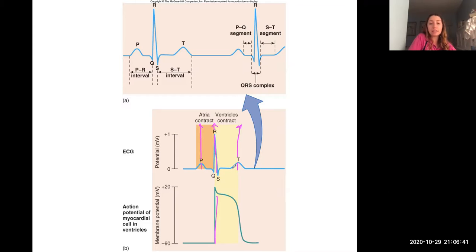Basically the nodal cells in the ventricles are still starting to repolarize, basically get back to phase 4, so that they can fire again. So it just shows that it's ventricular relaxation, and this would happen when the semilunar valves close.